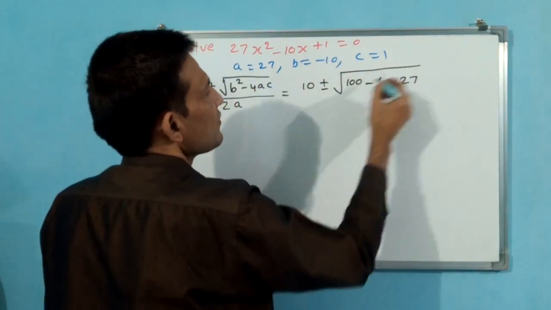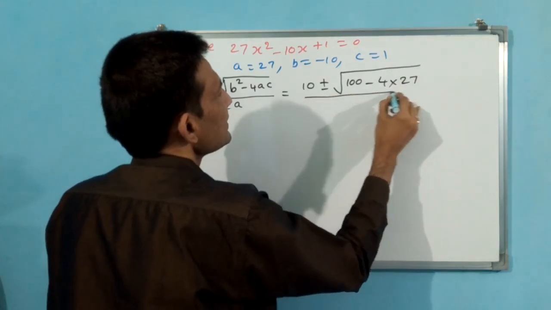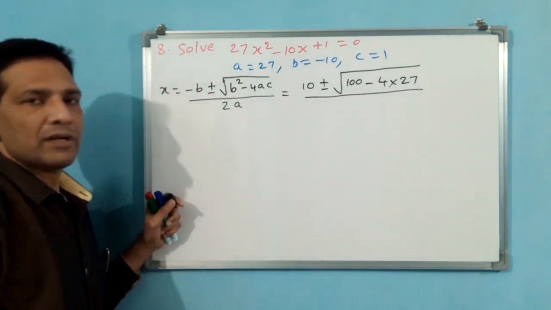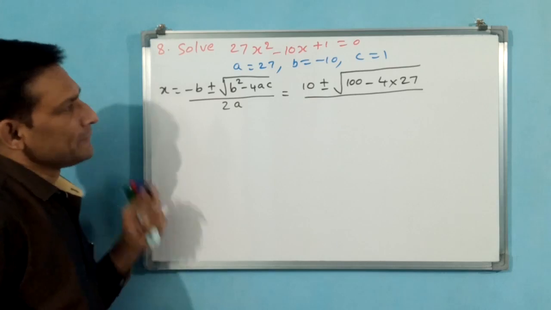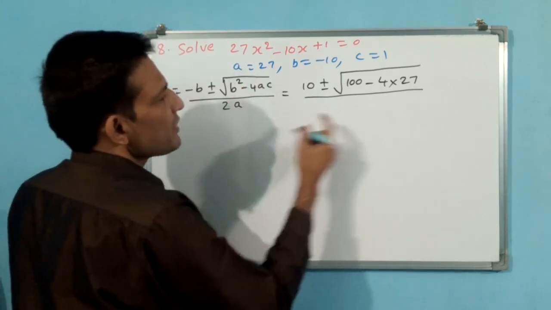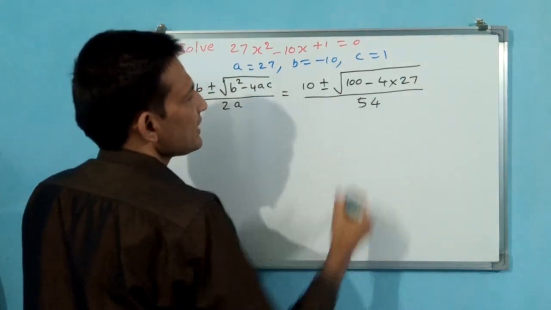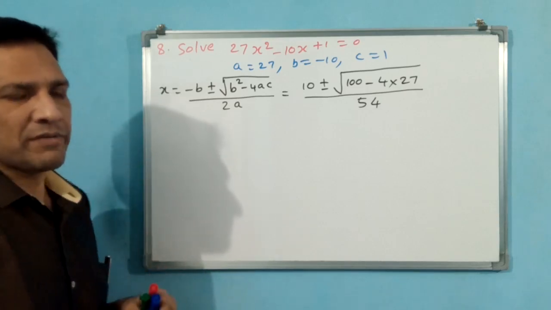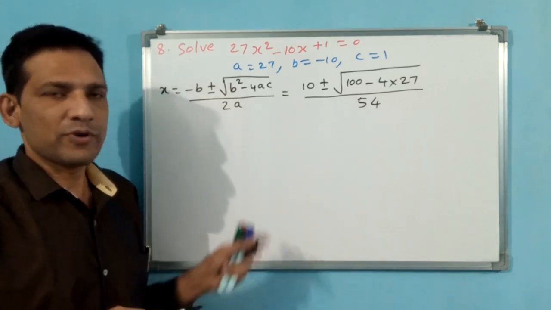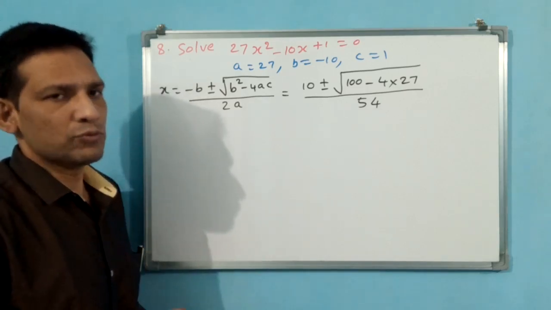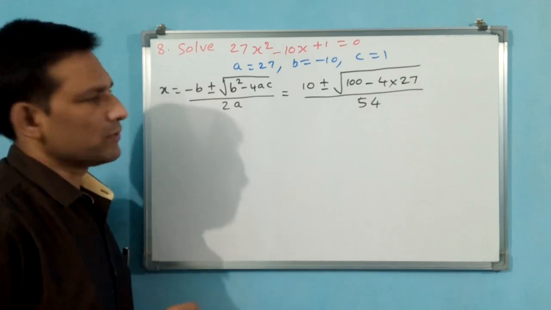Into 1 you don't need to write, that is not going to make any difference. 2A, 27 into 2, shall I write 54 directly? 27 into 2 is 54.